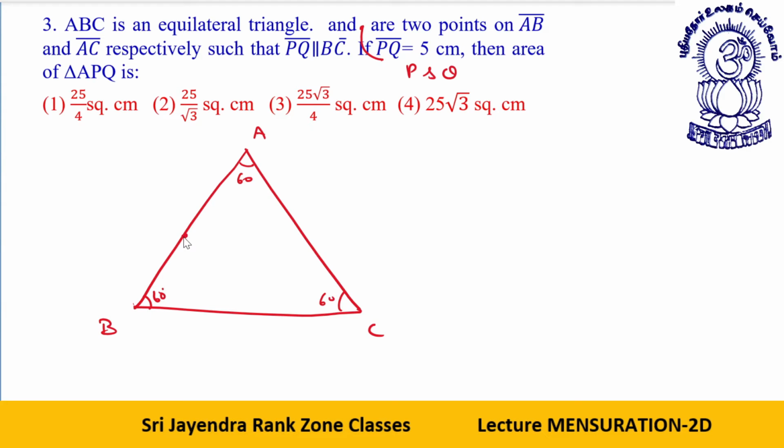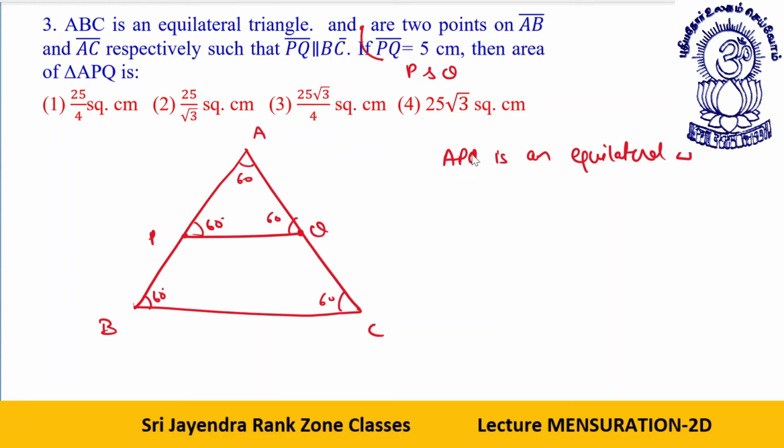The moment you draw a line parallel to the base, this angle will be 60 degree. This is P, this is Q. This angle will also be 60 degree. So I will say APQ is an equilateral triangle.